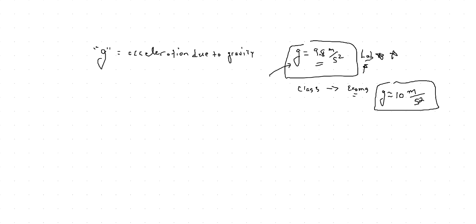Now, if we lived on a larger planet, something like Jupiter, which has much more mass, then g, the acceleration due to gravity, which is measuring the gravitational attraction of the planet, would be much, much bigger than 9.8, maybe 10 times or 100 times bigger.